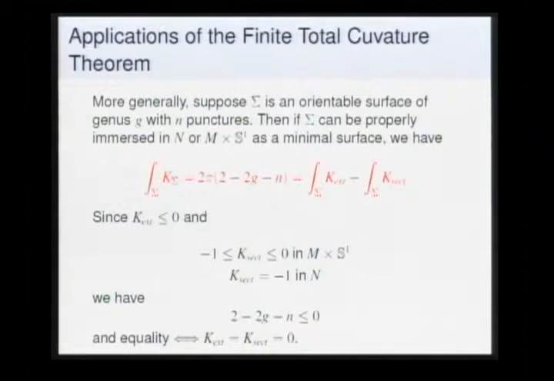That's possible. But since you have equality, the extrinsic curvature is 0, sectional curvature is 0, so it's not possible in N. You can't do it in N. And if you can do it in M cross S1, since the extrinsic curvature is 0 and the sectional curvature is 0, the tangent plane is vertical, and you can prove it's a geodesic cross S1. So this theorem immediately gives these classification theorems like this.